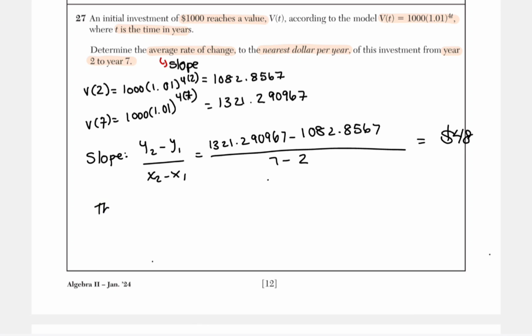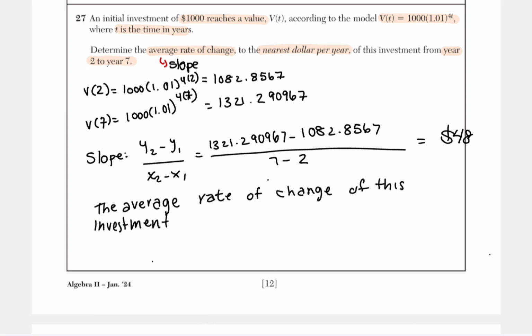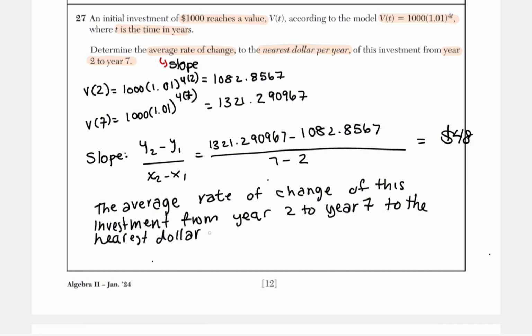So the average rate of change of this investment from year 2 to year 7, to the nearest dollar per year, is $48.